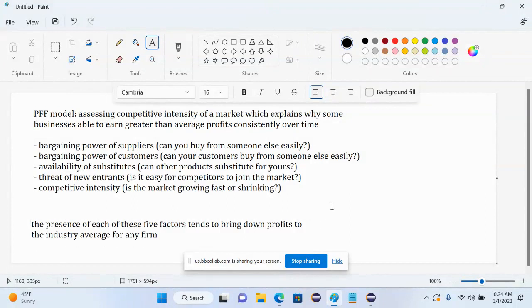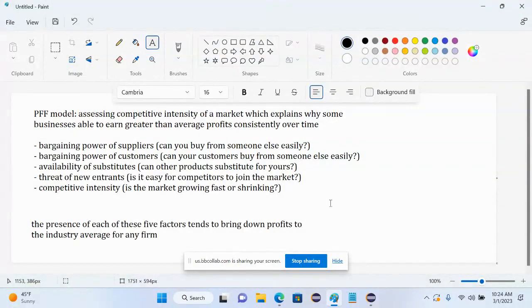Cool? Yeah. So what, is the PFF model just like assess that? Yeah, what he did, he rounded up data over decades for many, many different businesses and looked at a lot of different variables about the industry and about the firms themselves. Basically, it's like a cluster analysis, right?